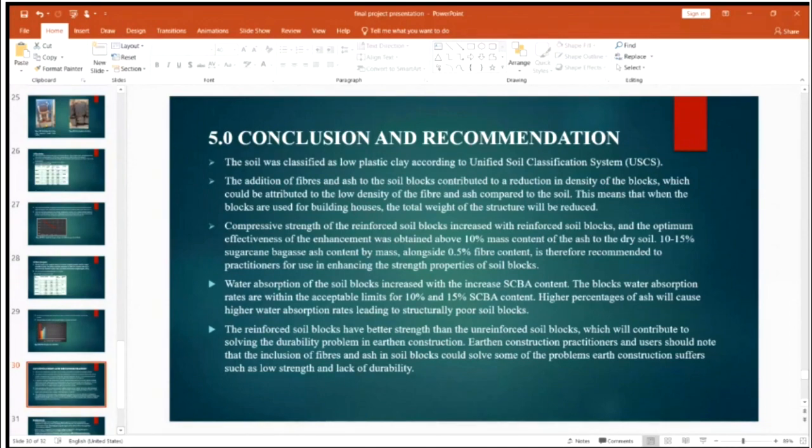Engineer Kabubo: Now, how would you protect the fiber from rotting? The fiber is going to rot in the block. How would you prevent it from rotting? After 2 years, there will be no fiber.